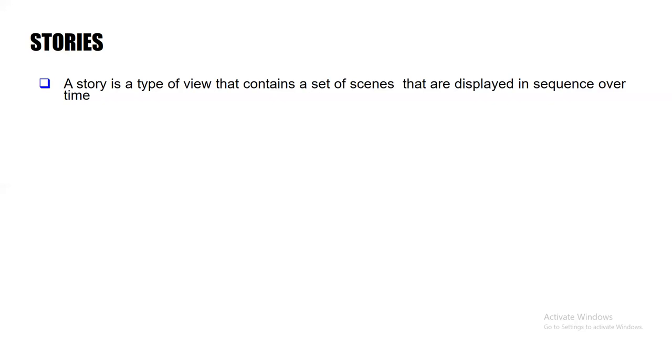As the name itself says, a story is nothing but exploring the patterns and insights in the data and presenting those rich insights as a collection of insights by sequencing them over time.